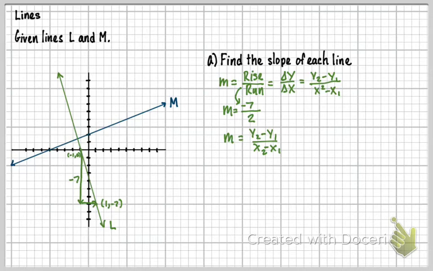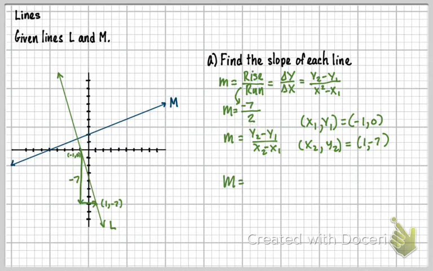So what I'm going to do is say point 1 is going to equal (-1, 0), and point 2 is going to equal (1, -7). Now, order doesn't matter. You just have to pick one. Okay, so for my slope, I need my Y2 first.